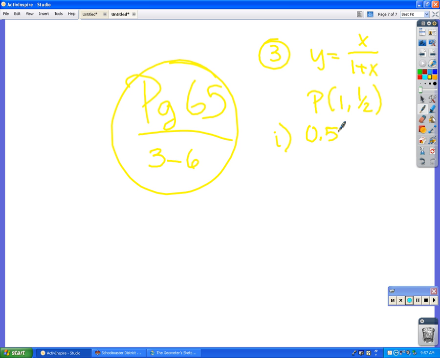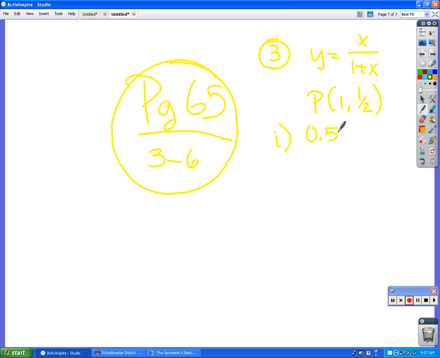Okay, so before you guys leave me to go to football land, let me explain to you, let me translate the very first problem, so you can see how it is exactly what we just did. I'm going to translate the math book lingo into what we were just talking about. Okay, so the very first problem says the point P(1, 1/2) lies on the curve y equals x over 1 plus x.